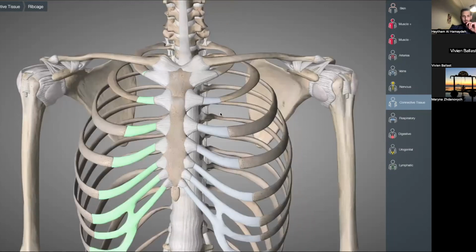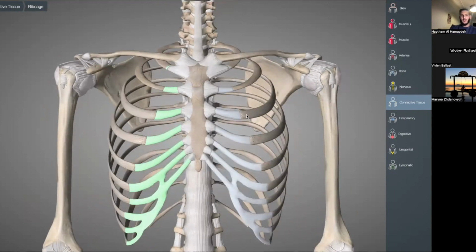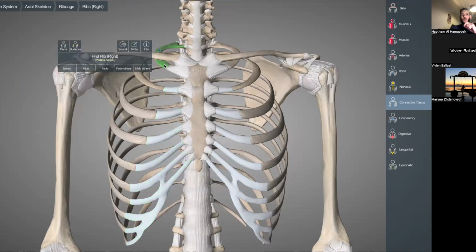We said 1 to 7 are true ribs. Is this a rib, girls? Here? Clavicle. So the first rib starts here. That's rib number 1. The definition of a true rib is a rib that articulates with its costal cartilage directly to the sternum.